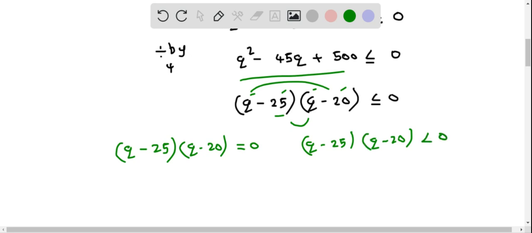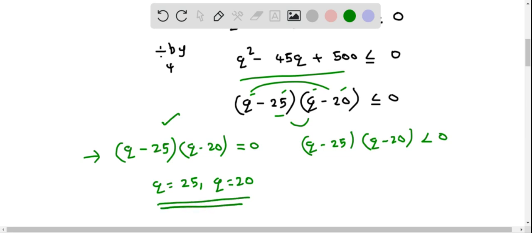It must satisfy both conditions, the value of Q that we are going to figure out. So when we consider this equation, we get the solution set Q equals 25, Q equals 20. When Q equals 25 or Q equals 20, this expression becomes 0. And here this is an inequality.